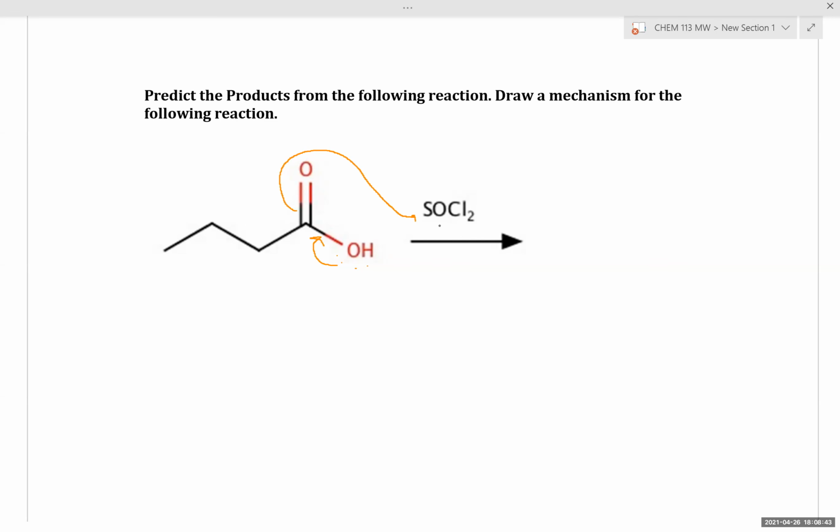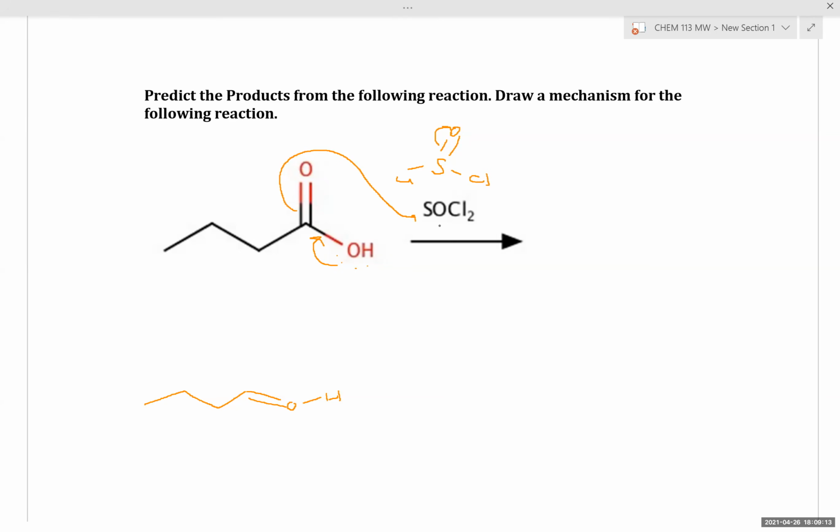So we have the student drawing out the first step where our carboxylic acid attacks the sulfur atom in thionyl chloride. Perfect. Our nucleophile is attacking the electrophilic sulfur atom. From here we'll make something that resembles the tetrahedral intermediate in carbonyl substitution, except this time the site of reactivity is our sulfur atom.